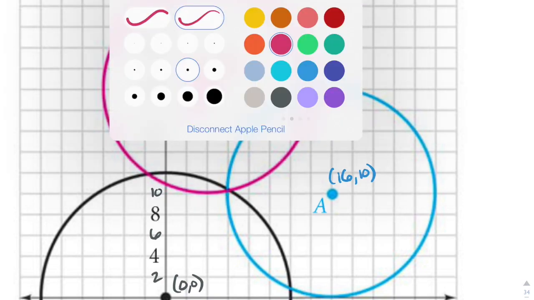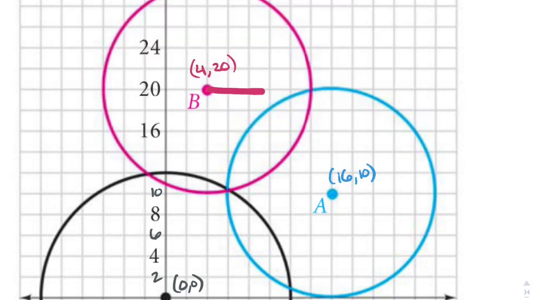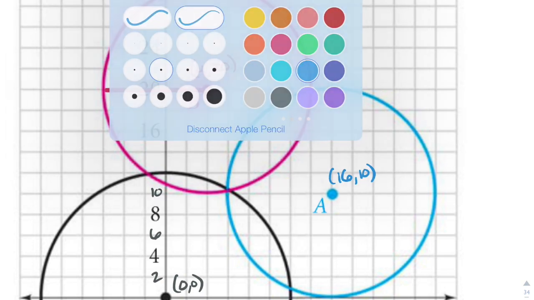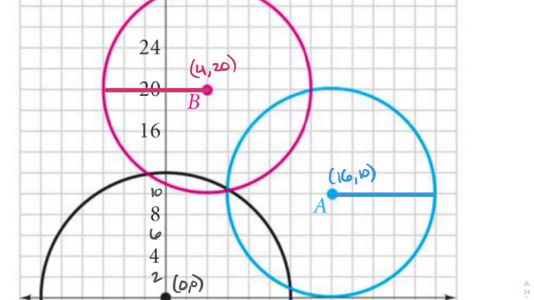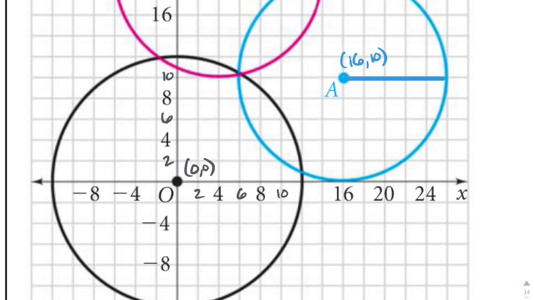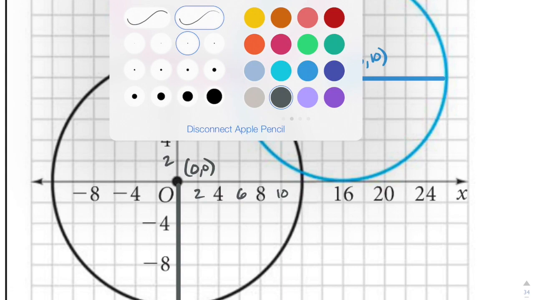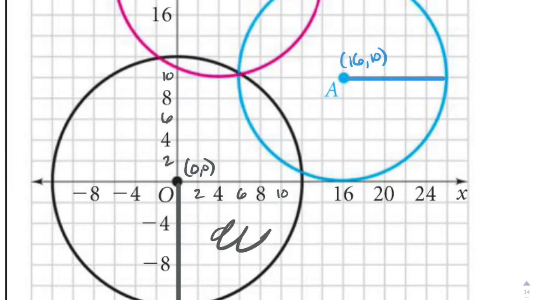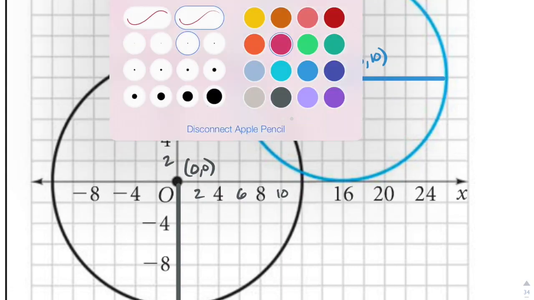Let me go this way. I'm going to do the radius this way, and this way.